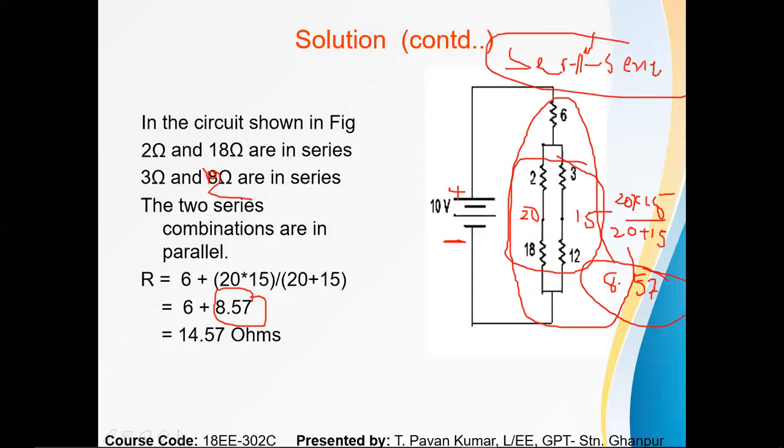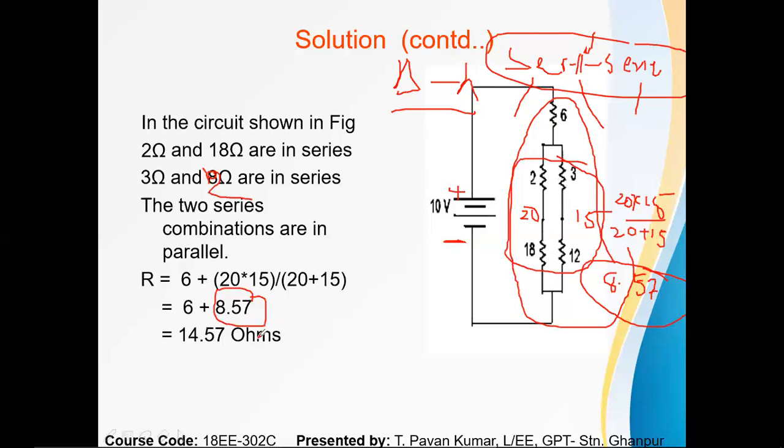Before this, you applied delta to star. So you applied four techniques: one is delta to star, next series, next parallel, and again series. Four steps you applied for the reduction between the two terminals, sorry, A and D terminals.